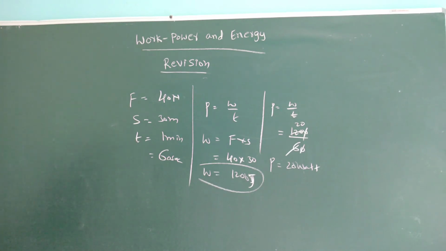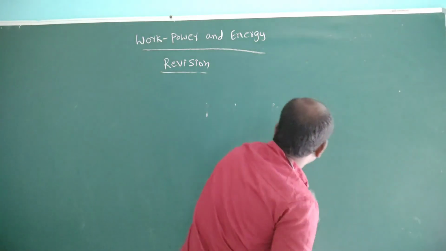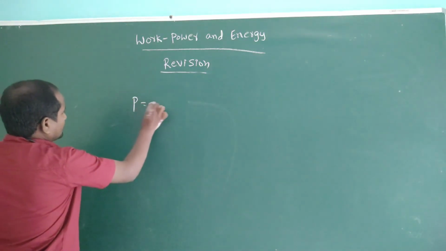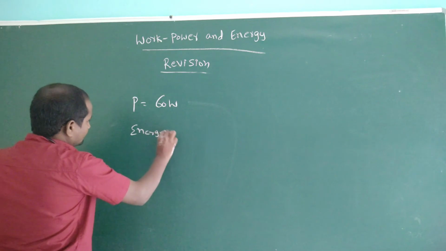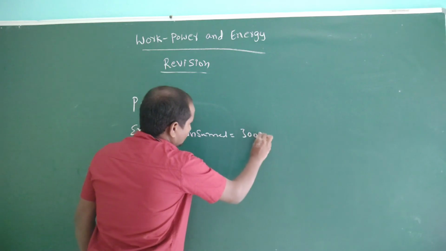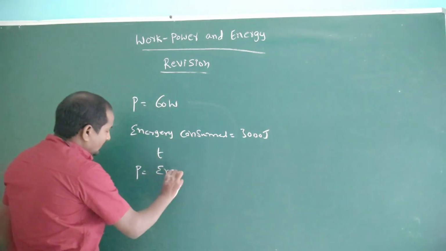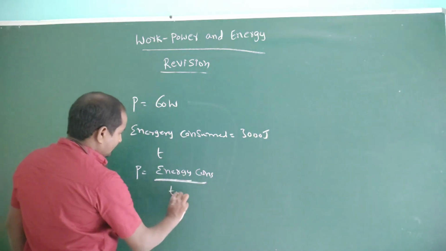What is the time taken by a 60 watt bulb to consume 3000 joules of energy? Here power is 60 watts and energy consumed is 3000 joules. Then find the t value. Power is equal to energy consumed by time.